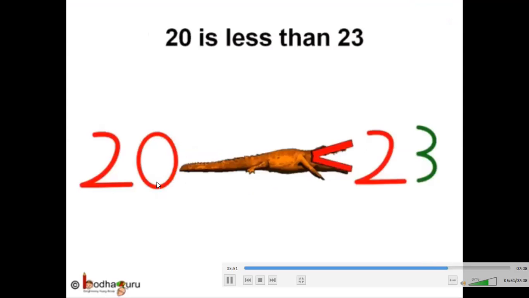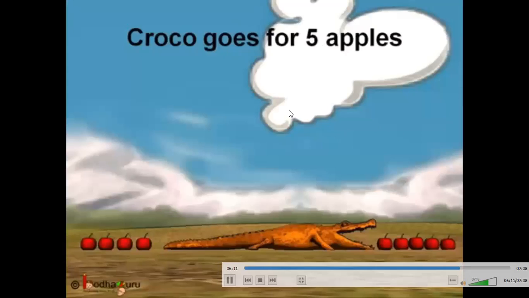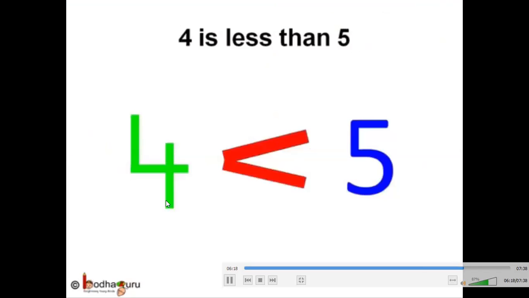Which is greater, 20 or 23? Use the crocodile's mouth. 20 is less than 23, as you see this side of mouth, right? 4 and 5, 4 is less than 5.